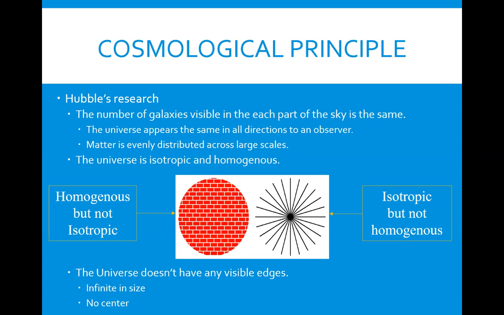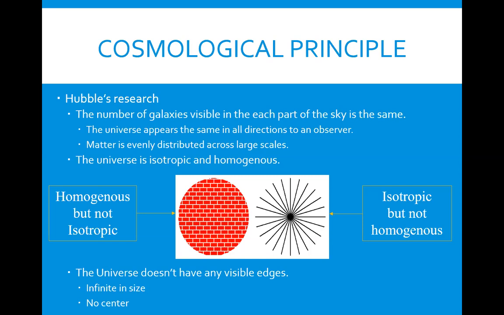Because if the universe had a visible edge, then it would look different. It would look not homogeneous in that direction. But it looks homogeneous in all directions, according to Hubble and those who came after him. So the universe doesn't have any visible edges. Well, if the universe doesn't have any visible edges, that means that it has to be infinite in size, and that's mind-blowing in and of itself.